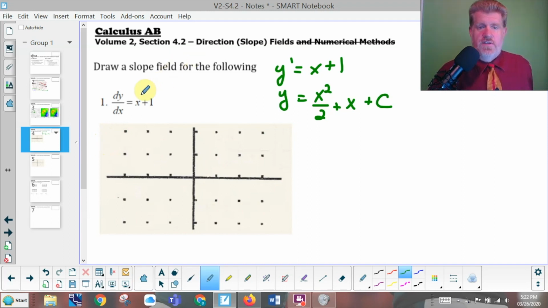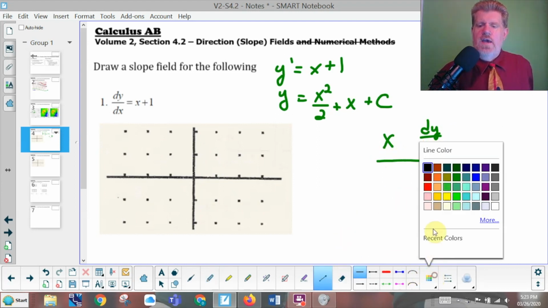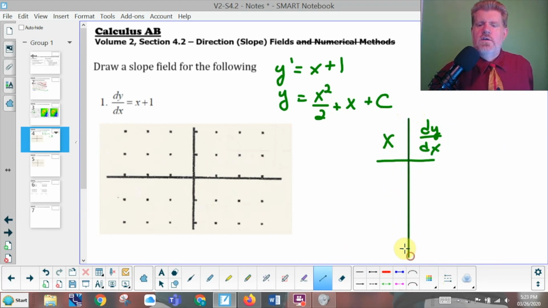Now in this case, we have x plus 1. So I'm going to make a little table of an x and its slope. If we pick a value for x, we have -3, -2, -1, 0, 1, 2, and 3.